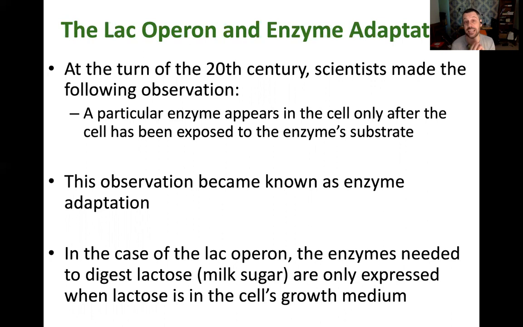This idea was termed enzyme adaptation, because it's like the cell is adapting by making these enzymes. And that's exactly what we're going to look at today when we look at the Lac Operon.